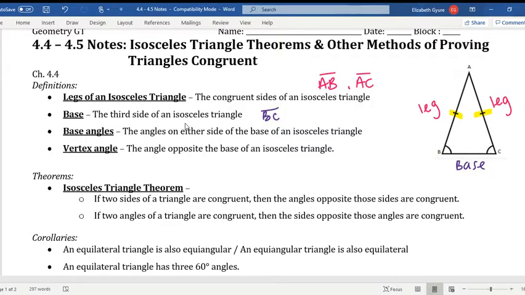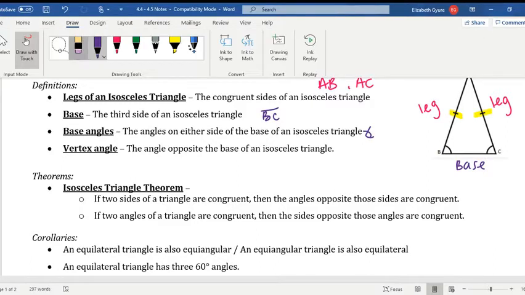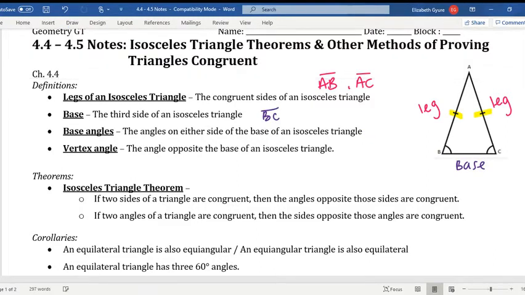Then you have base angles. The base angles are the angles on either side of the base of the isosceles triangle. So like the ones on either side, the left and the right in this situation. That would be angle B in this case. So angle B and angle C, those would be your base angles.